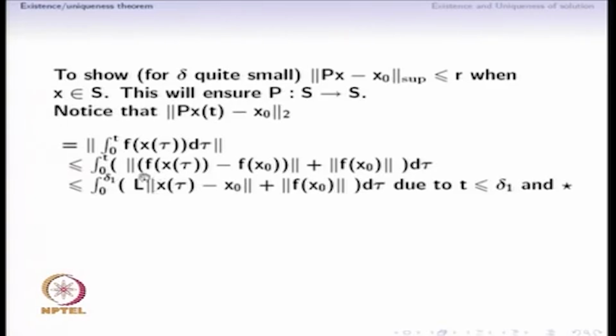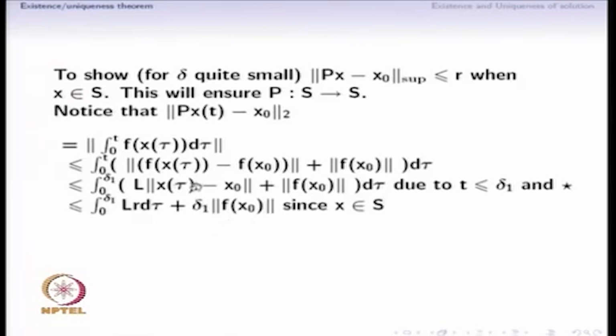Once we do this, we will also use the Lipschitz property of the function f and replace the first term in the norm with L times the norm of x of tau minus x naught. Because f is locally Lipschitz at the point x naught, this is satisfied for all x and x naught inside that ball. This other quantity we just leave as it is. So, we have used the locally Lipschitz property of the function f.